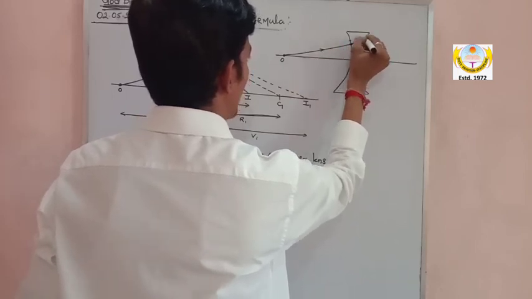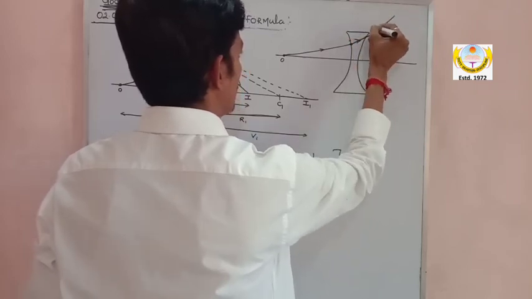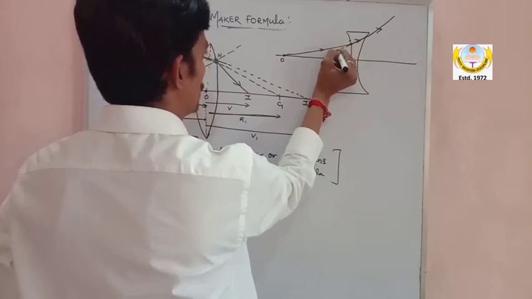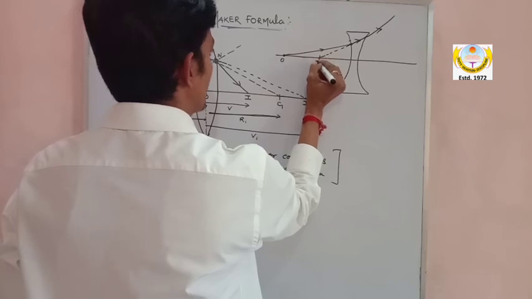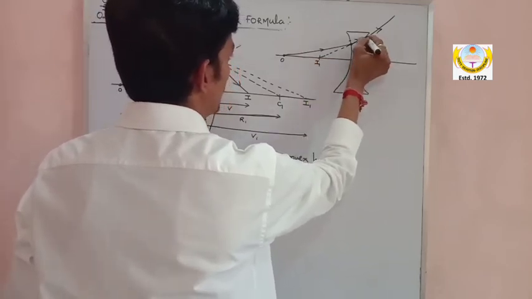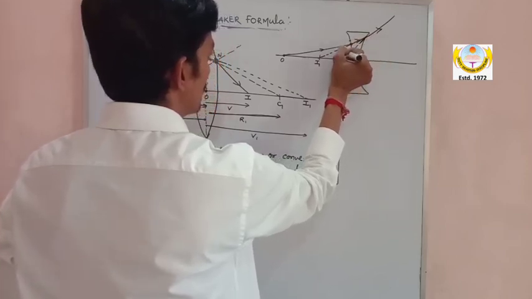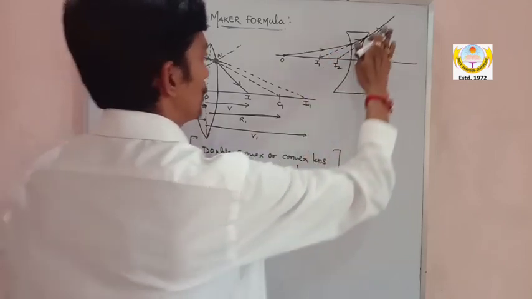It will refract here, and from here it will refract here. So here, my dear, I will get a first image. This is I1, and here my dear you can see this one is giving me the second image.